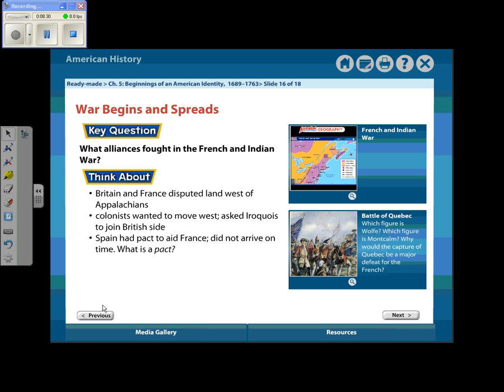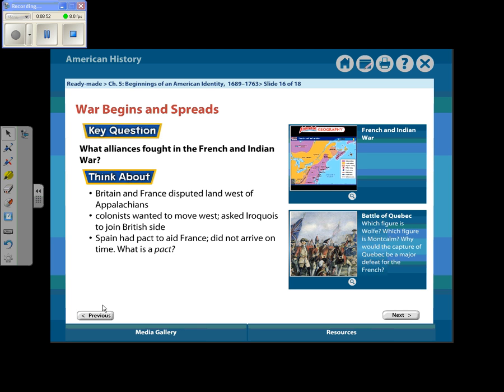Many of the officers with Braddock bring along their wives and a bunch of household goods. And so, traveling slowly, the French and the Indians are able to kill Braddock and many of his men, and so Braddock is defeated. After Braddock is defeated, there's a new Secretary of War in Britain.